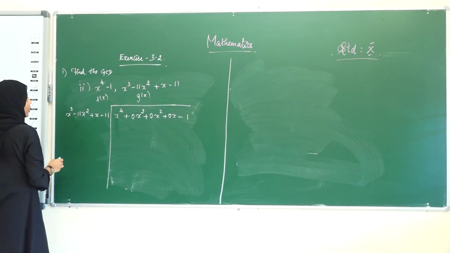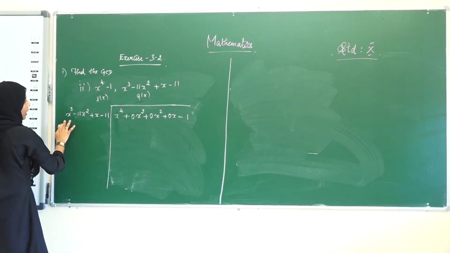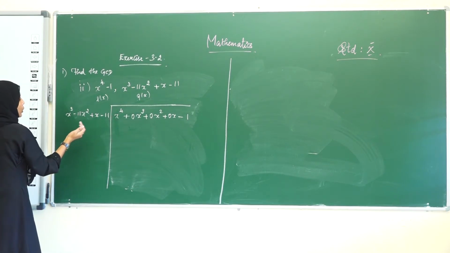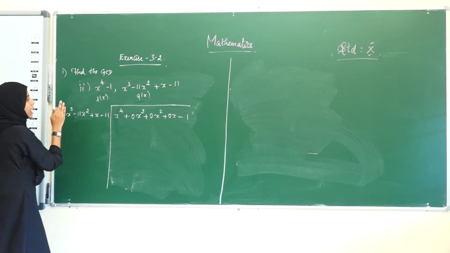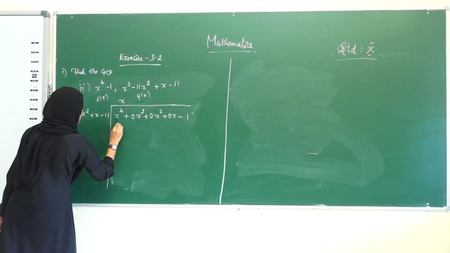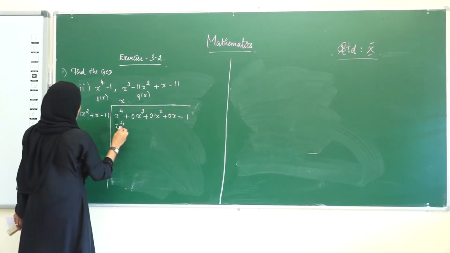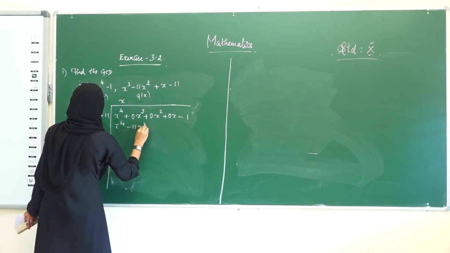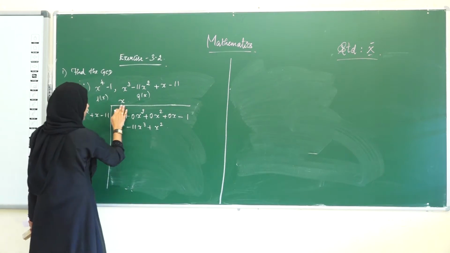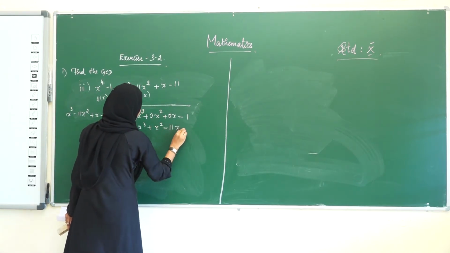So as usual, what we are going to do is, we are going to consider the first term. See, here it is x cube and here it is x power 4. So to get this, we are going to multiply this term with x, right? So on multiplying this, x cube into x is x power 4, minus 11x square into x is minus 11x cube, plus x into x is plus x square, minus 11 into x is minus 11x.